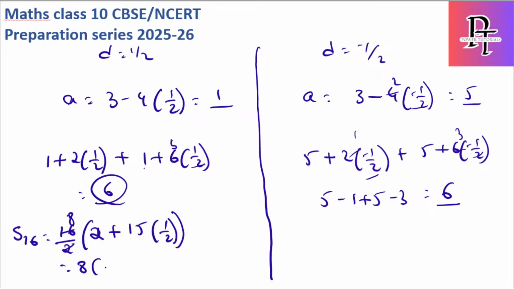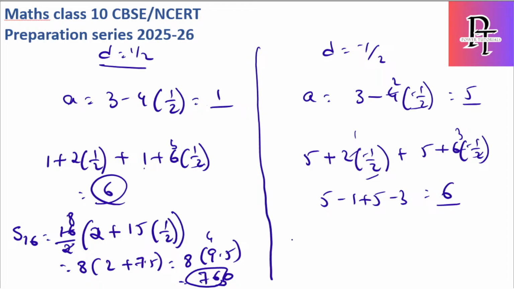This becomes 8 into 2 plus 15 by 2, which I'll write directly as 7.5. So it becomes 8 into 9.5. 8 fives are 40, 8 nines are 72, so 76 is the sum of the series if considering d as 1 by 2 and a as 1.